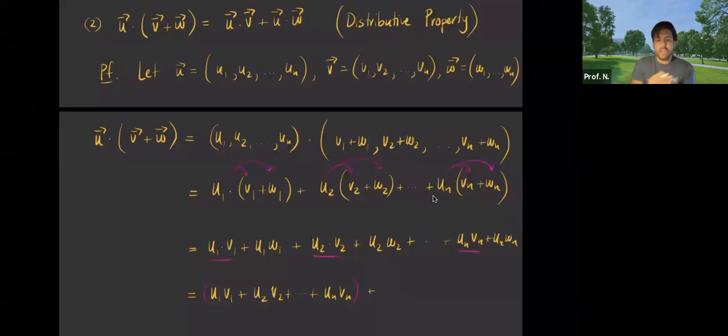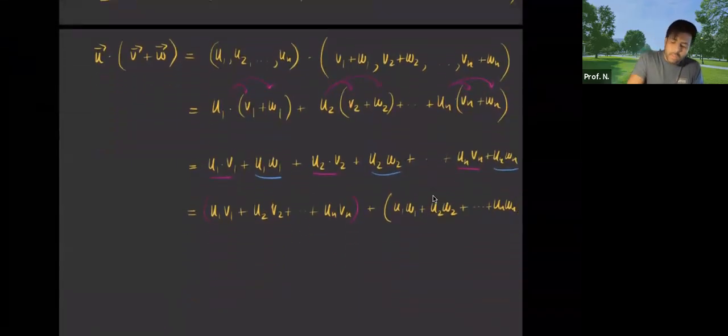because of commutativity and associativity of multiplication and addition, right? Because of the commutativity of addition and the associativity of addition, I can rearrange the order of the addition and group them together. And by the same token, I can do this as well: U1 W1, U2 W2, all the way to Un Wn.